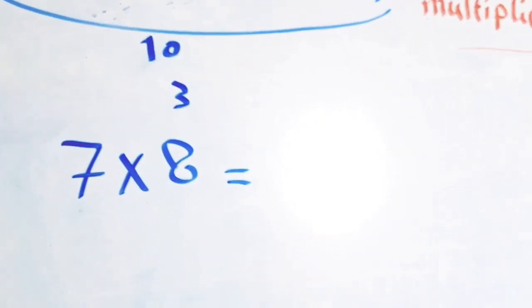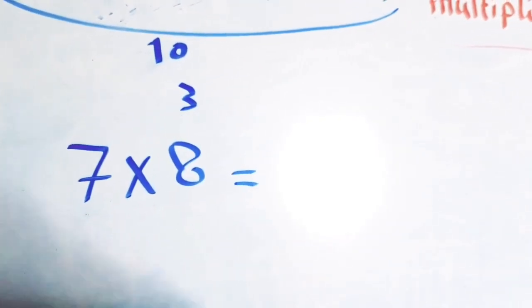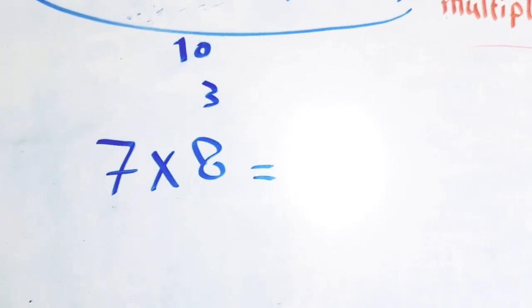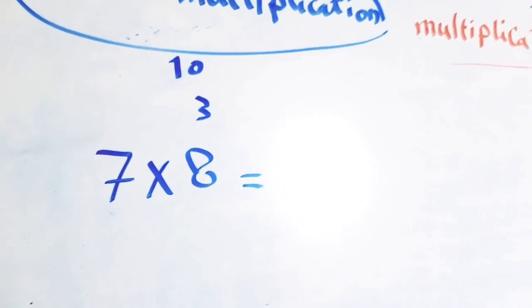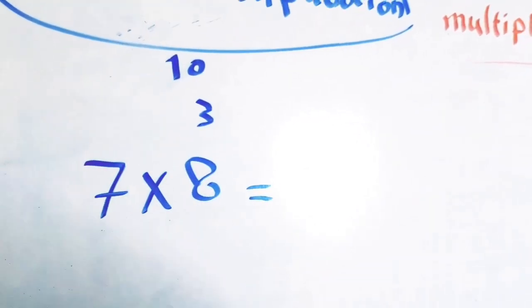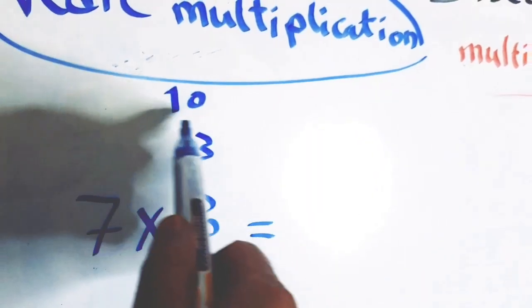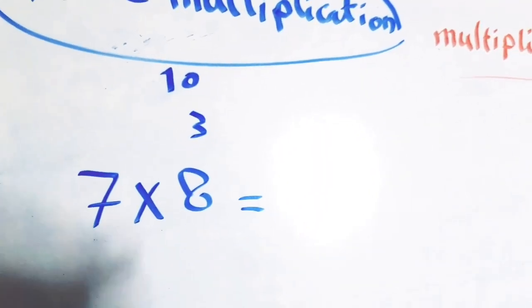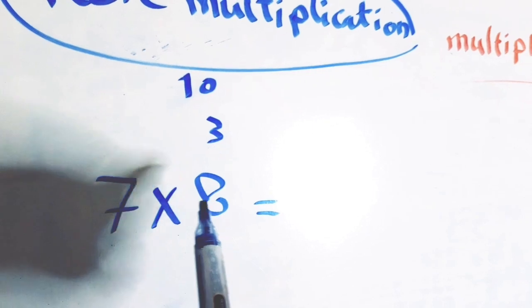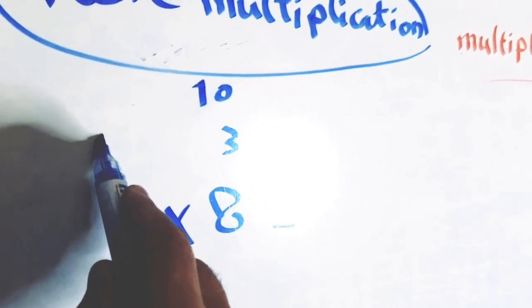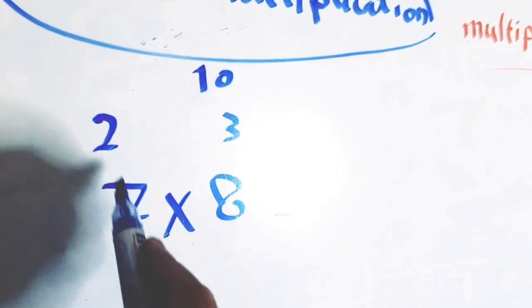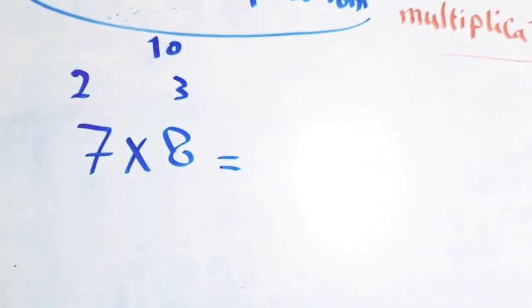We transfer to the second digit, which is 8, and ask the same question. 8 needs what to reach this target? 8 needs 2. We write 2 here over 7.